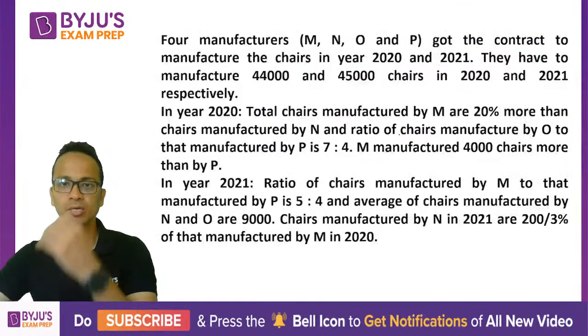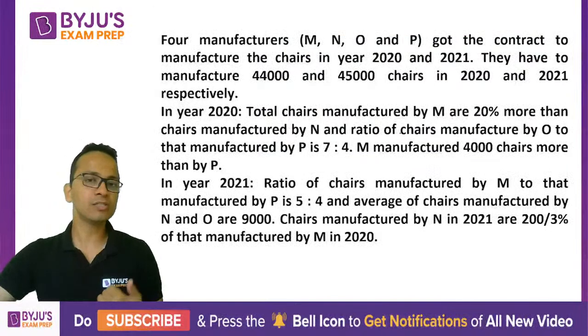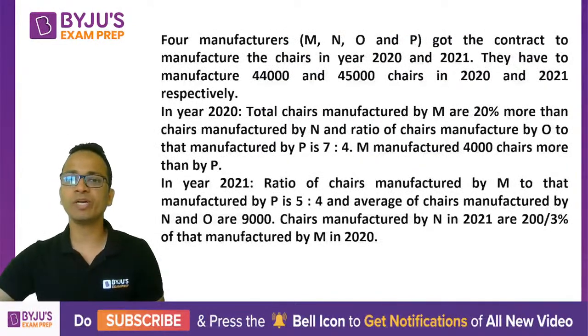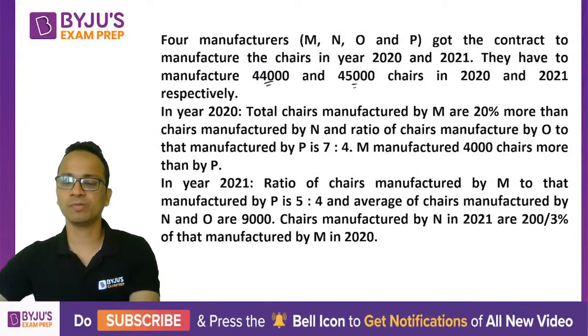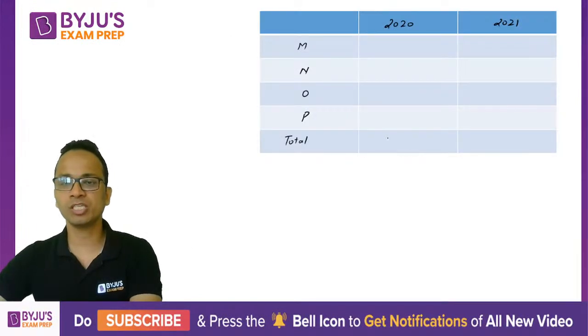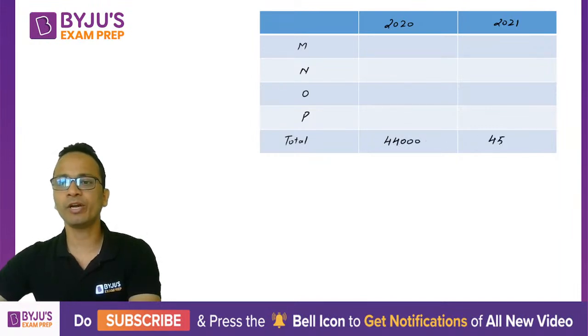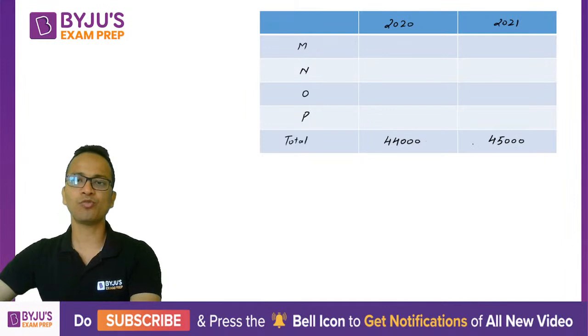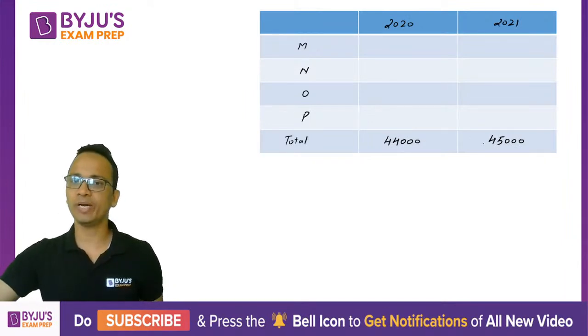So for total, 2020 total is 44,000 and 2021 total is 45,000. So total I'll write at the bottom of this table for each of these years respectively.